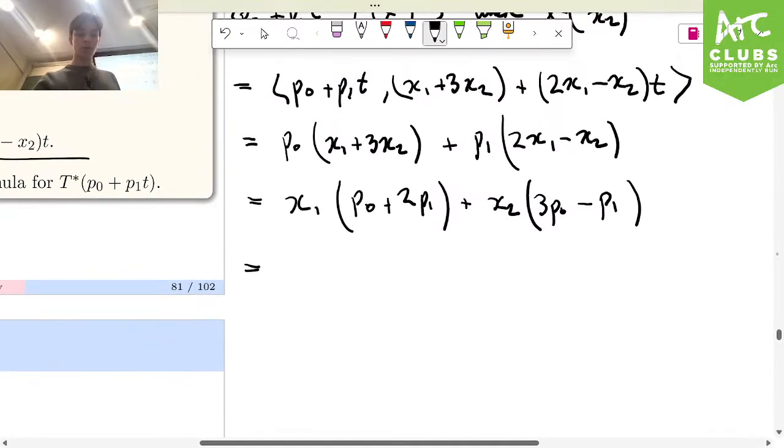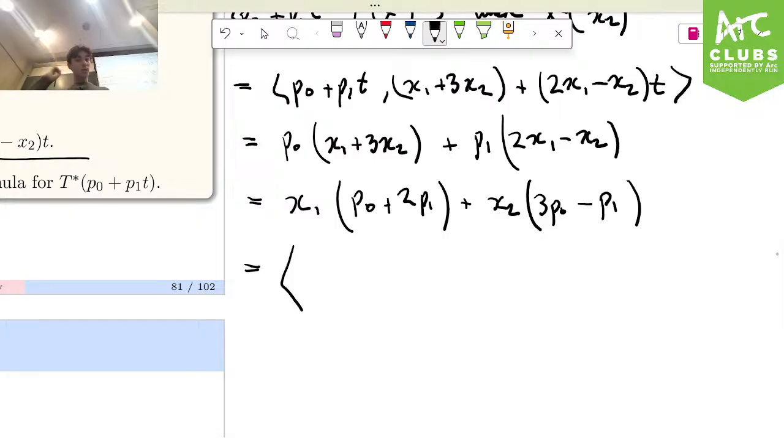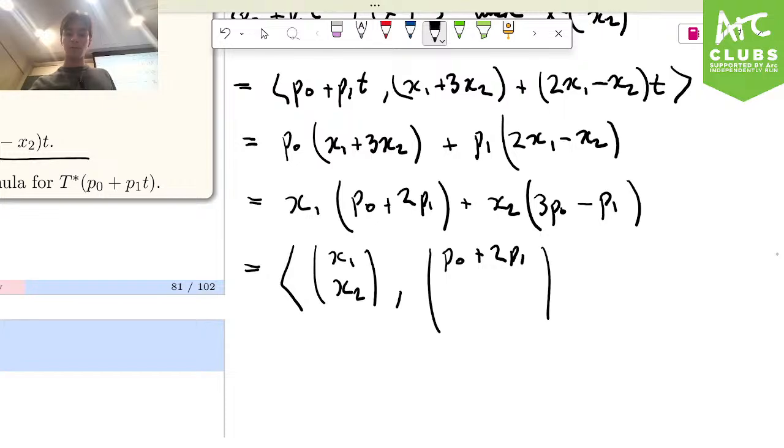Which is equal to the inner product in R2 of x1, x2 and p0 plus 2p1, 3p0 minus p1.